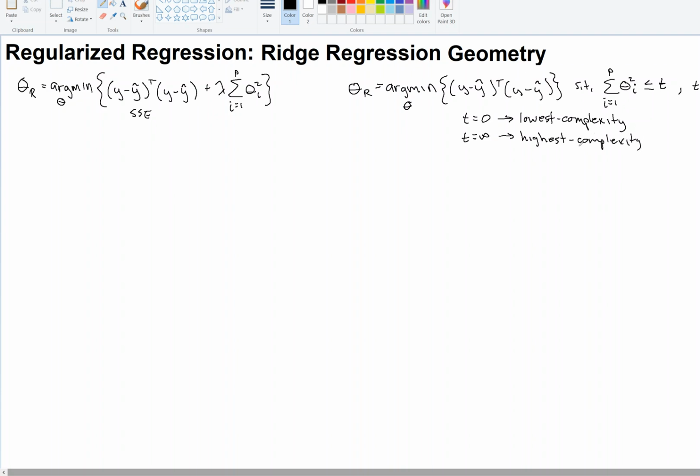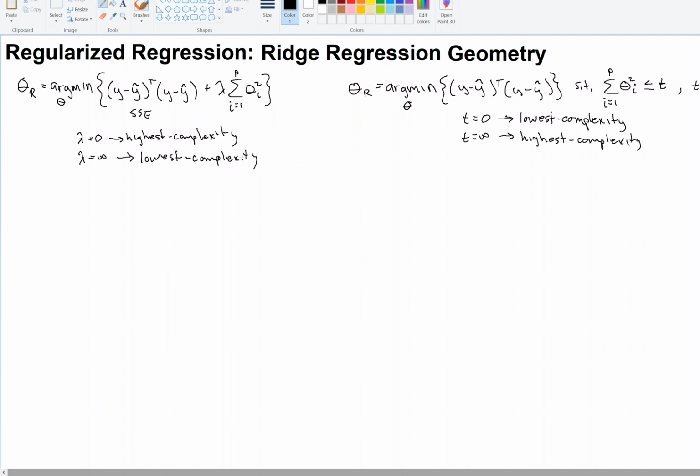So we're back to the least squares solution. Remember over here, when lambda was equal to 0, that means there's no penalty, and then we have the sum squared error, or the least squares solution. That's the highest complexity. When lambda is equal to infinity, that means a huge penalty on theta, and that makes theta equal to 0, and that's the lowest complexity. We looked at that in the last video.